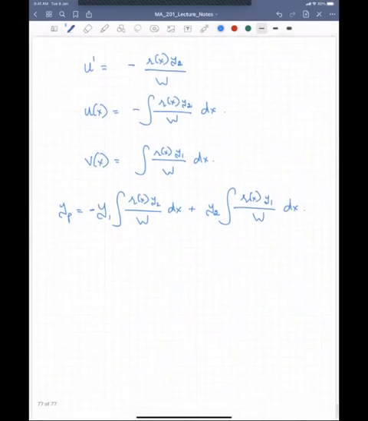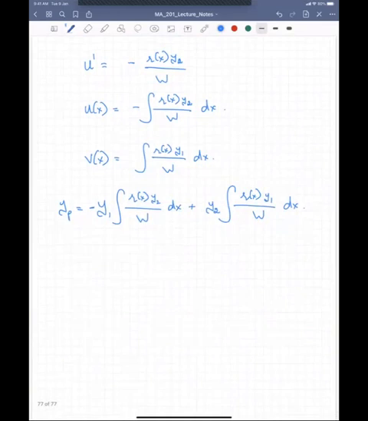So if my r of x is not a very simple function like sine or cosine, this is another way in which you can, in principle, get the particular solution. Now, if r of x is extremely complex, you might just have to leave this as an integral. But in cases where r times y2 over W is integrable, you will have a closed form expression for your particular solution.